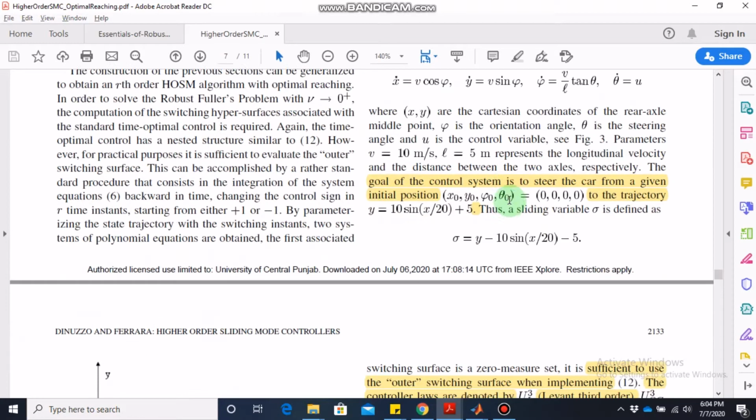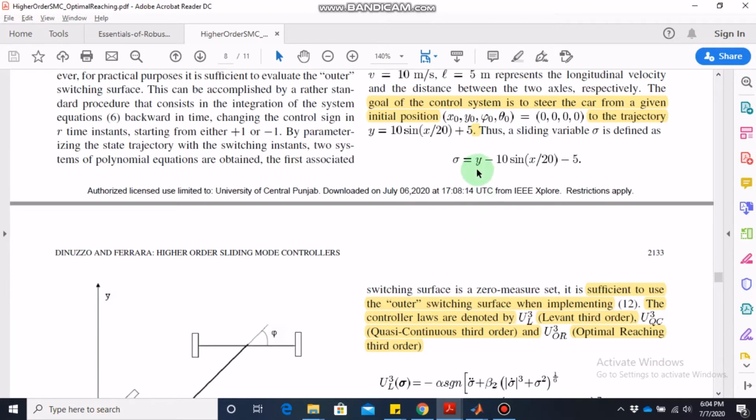Then the authors have defined the sliding surface. The sliding surface is defined in such a way that the vehicle has to follow the trajectory y equal 10 times sine of x divided by 20 plus 5. This is the trajectory that the vehicle has to follow.